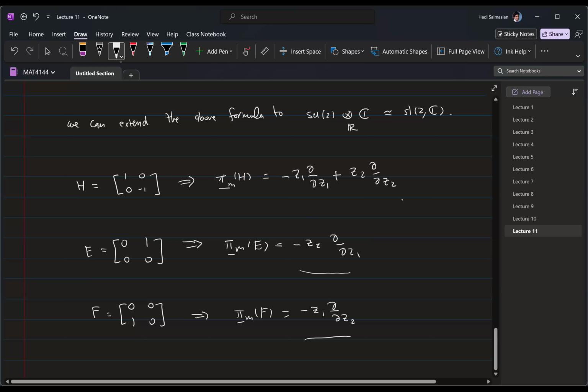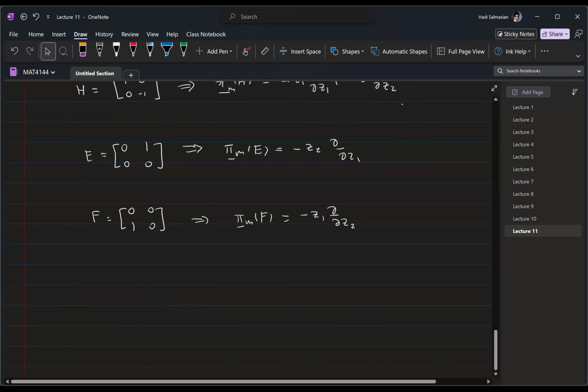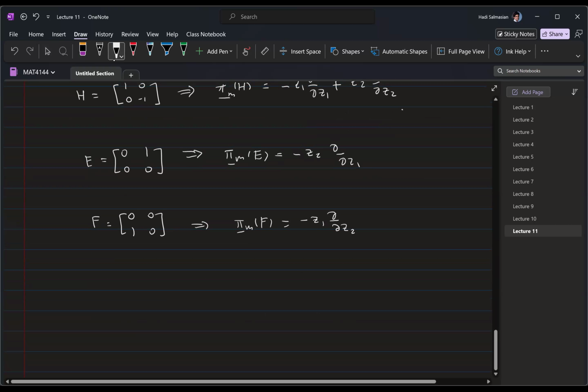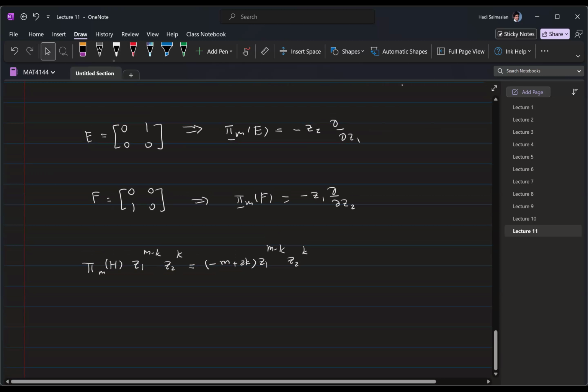So I'll write the formulas explicitly. pi_m(h) of z1^(m-k) z2^k is (-m+2k) times the same monomial. It's just minus this exponent plus this exponent, that's why you get minus m plus 2k.